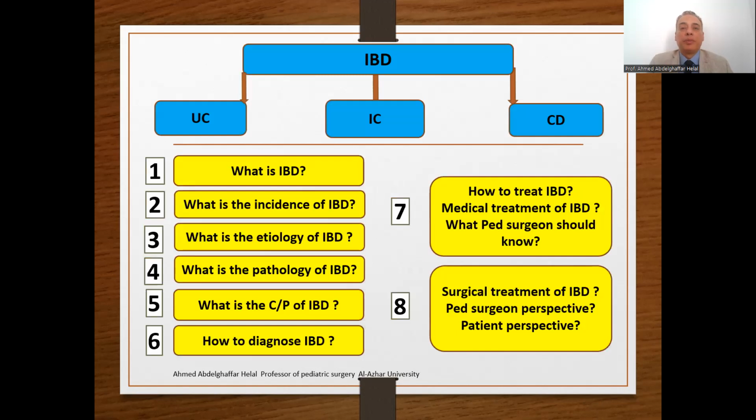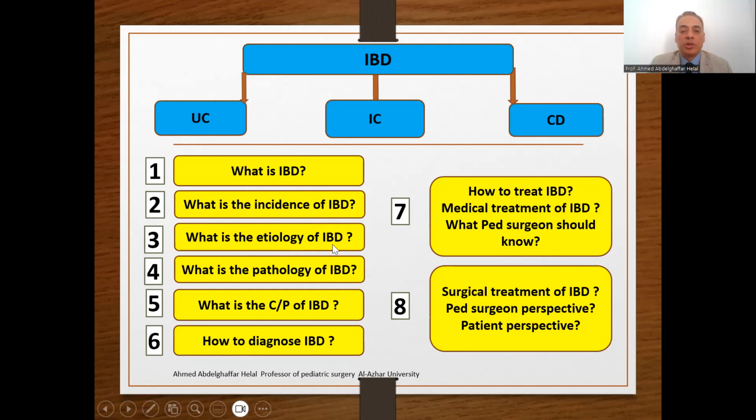We will go through the topic as in the following scheme. IBD, or inflammatory bowel disease, may be classified as ulcerative colitis, Crohn's disease, and indeterminate colitis. We will try to answer these 8 items. Number 1, what is inflammatory bowel disease? Number 2, what is the incidence of inflammatory bowel disease?